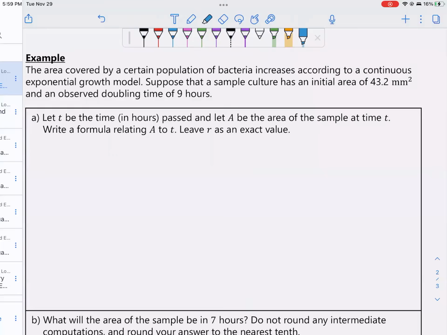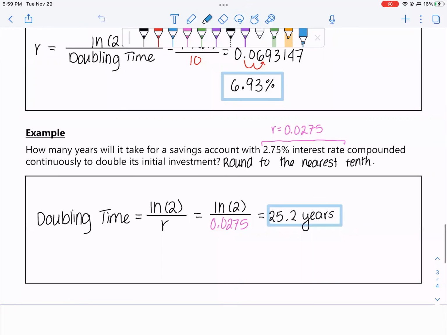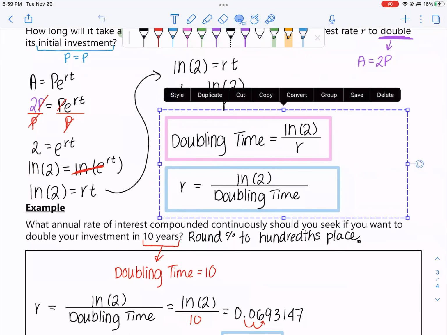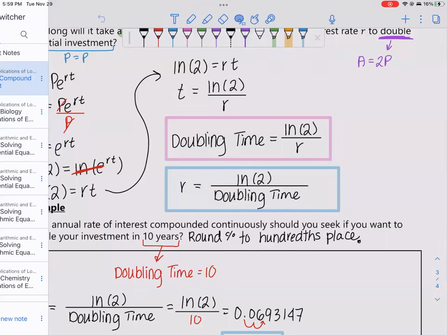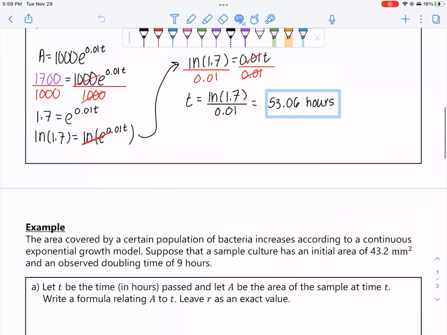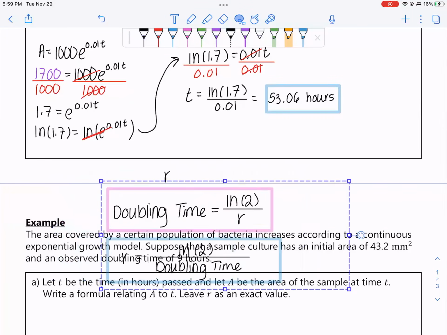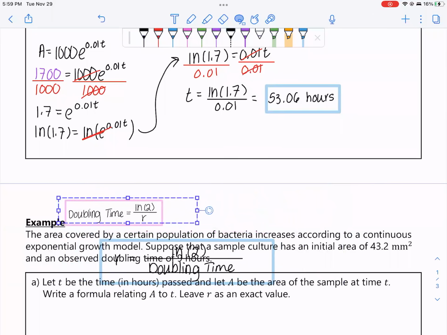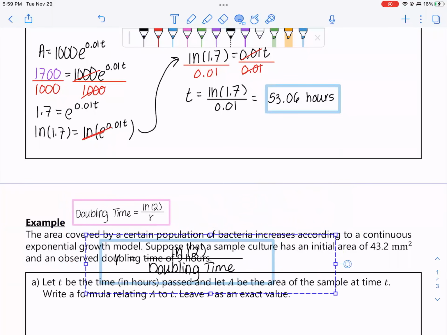Now, my friends, let me come back to our compound interest, because at the very end of this compound interest section, we talked about these doubling time formulas, and I said they would come in handy in other ways, and I was not lying, because they are now handy.